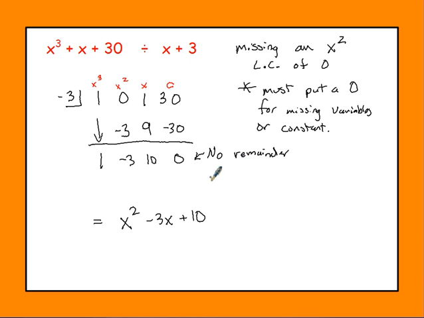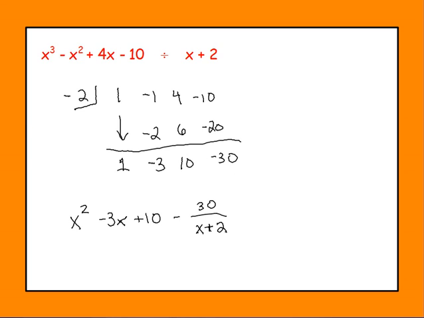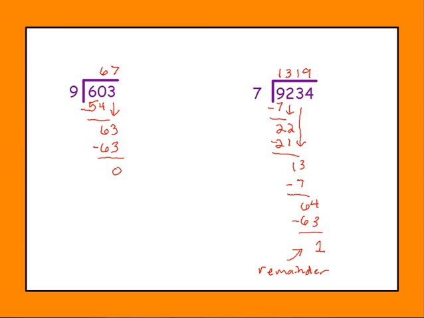So why do we divide? Why am I showing you how to divide? Guys, just like what we talked about at the very beginning, when you did simple division, we said 603 divided by 9 is 67. Well, doesn't that also mean that 67 times 9 is 603? That is a factor. So 67 and 9 are factors of 603.